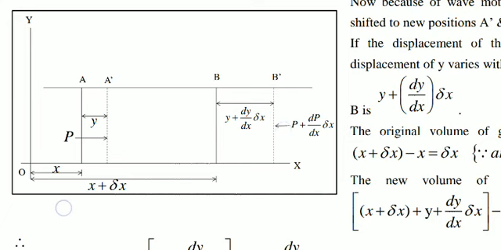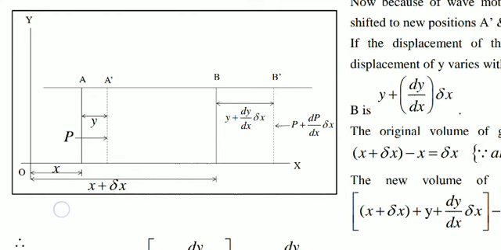Now first we have to find out how much plane A is shifted. Plane A is shifted a distance y. And with respect to what is this distance changing? This distance is changing with respect to x. So if I want to find out how much plane A has shifted per unit distance of x, this change will be denoted by dy by dx.